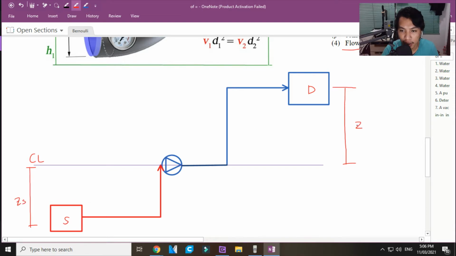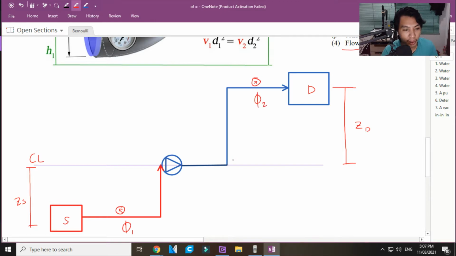Meron kang ZD. And then, meron ka dito pressure. Okay? Pressure dyan, measurement. And then, meron ka rin dito pressure measurement. You have the size 1, diameter 1. Meron ka dito diameter 2.